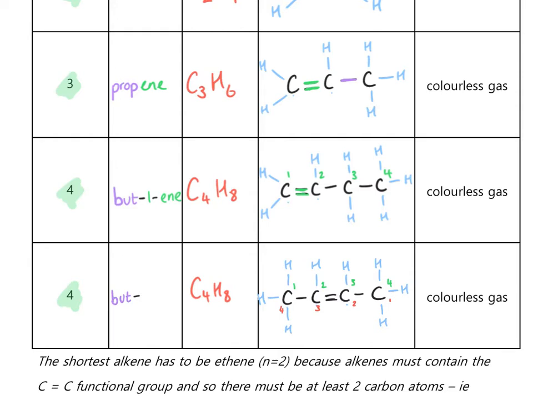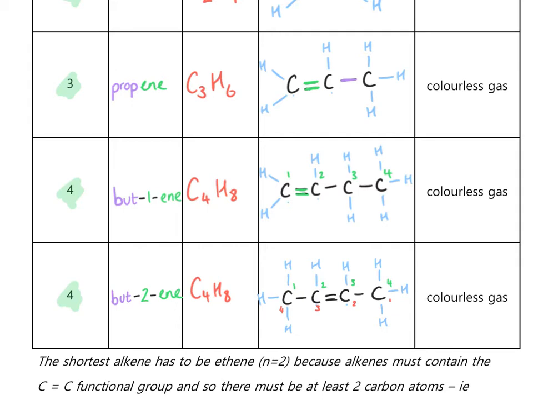So which number do I write down? Do I write down 2 or do I write down 3? I write down 2 because remember we always go with the lower number. So this is but-2-ene. We would represent that name by but-2-ene, but when saying it out loud, we would just call it but-2-ene.